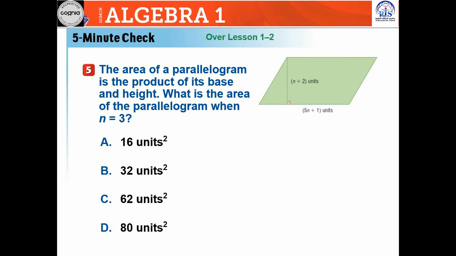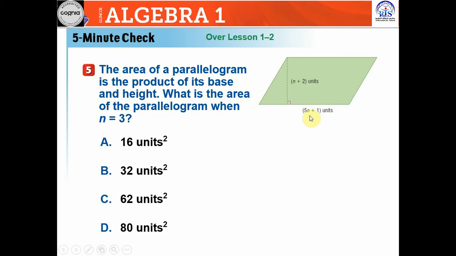Here he wants me to find the area of a parallelogram. Of course, the area of a parallelogram is base, which is 5n plus 1, times height, which is n plus 2. Again, the rule of area for a parallelogram: height times base, or base times height.